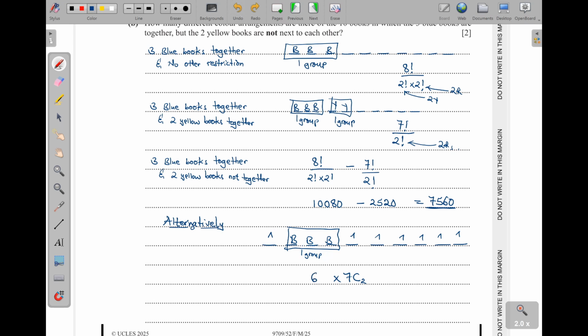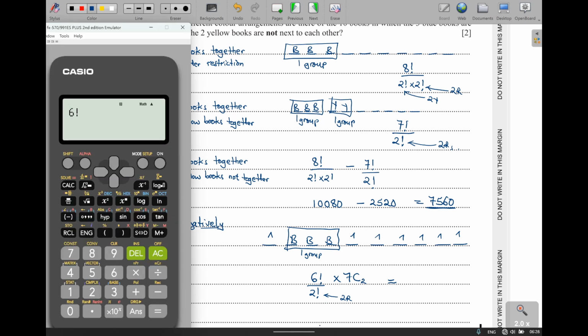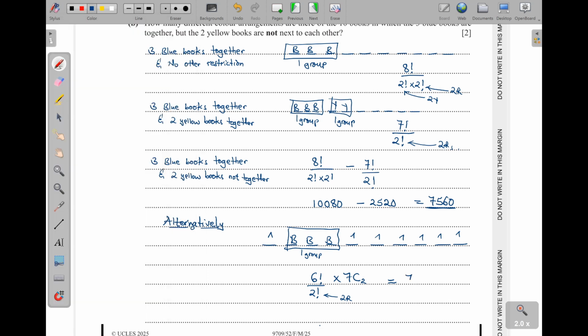I'll have 6 factorial, but then I will divide by 2 factorial. This one is about the 2 reds that are still there. So when we put all of this in the calculator, what do we get? 6 factorial, then we divide by the 2 factorial, and then times 7, then combination 2. So this is 7560. You see, we get the same answer.